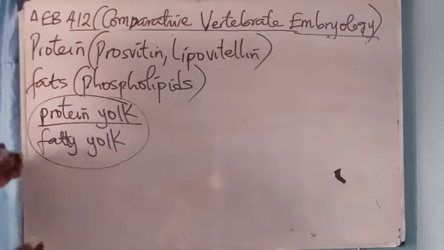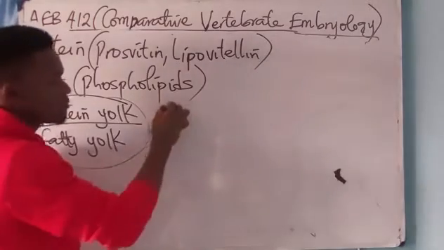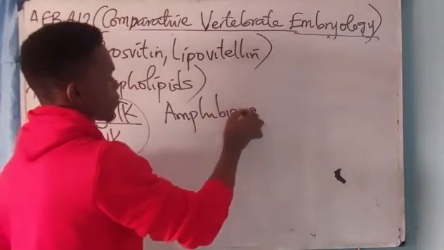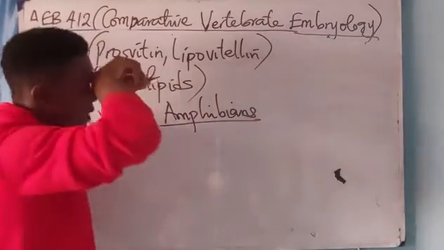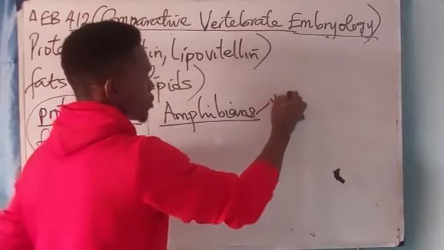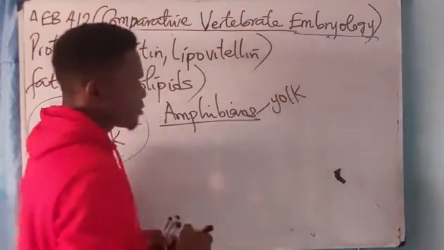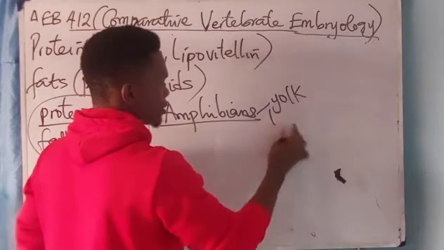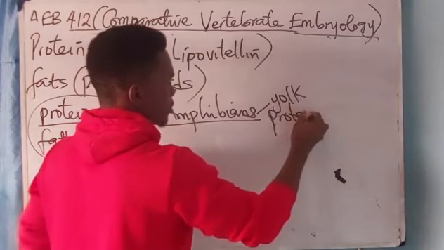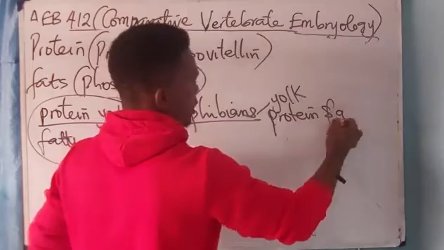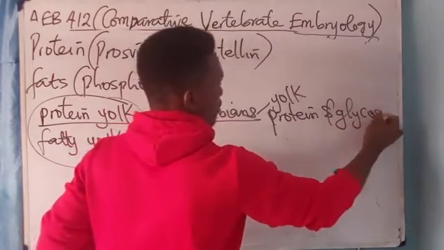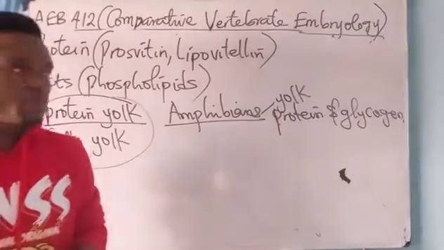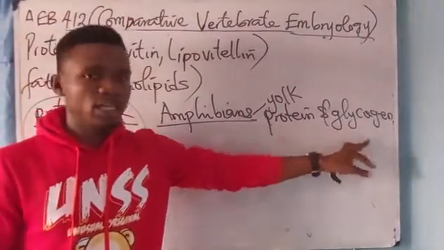It is very important. For instance, the amphibians have yolk. The yolk of amphibians is made up of protein and glycogen.